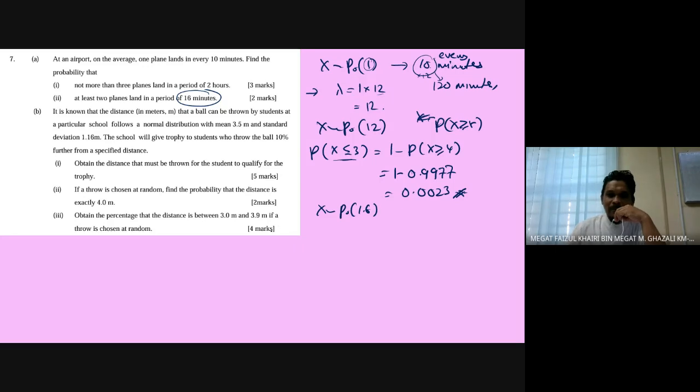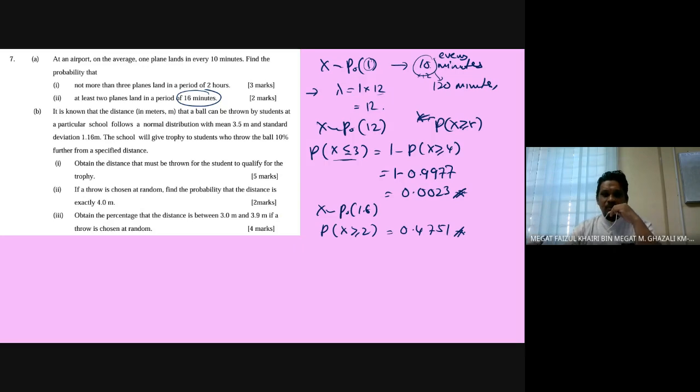That's it. So then at least 2 planes, X at least 2. At least 2 means 2 and more, so it is greater than or equal to 2. You may find that straight from the statistical book. This gives you 0.4751.